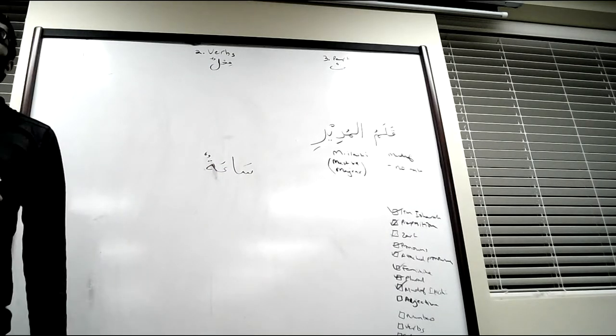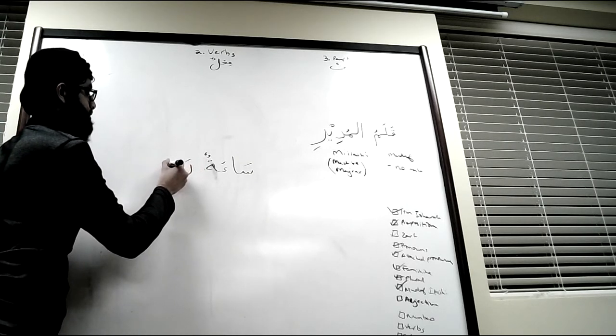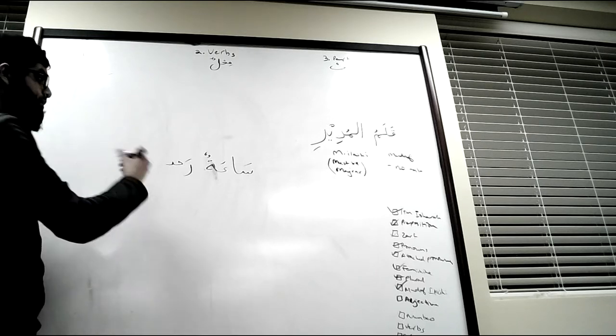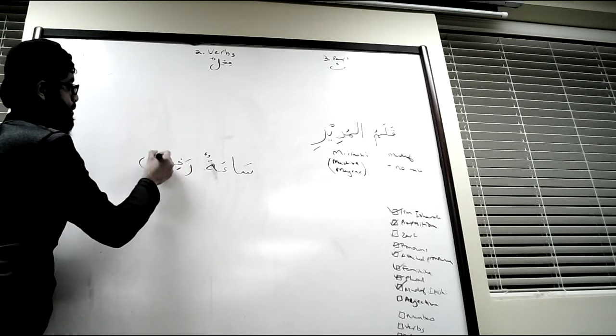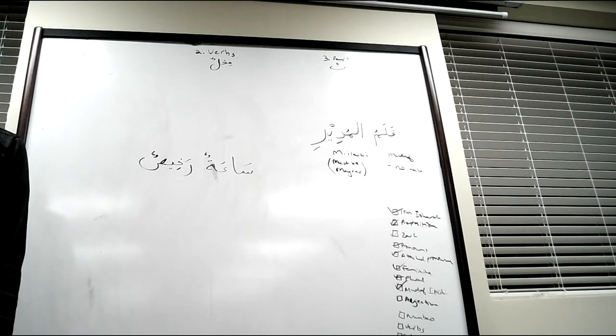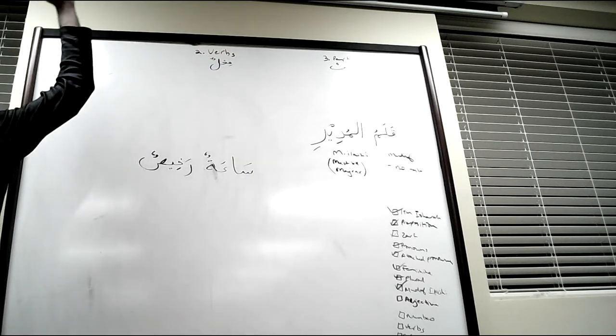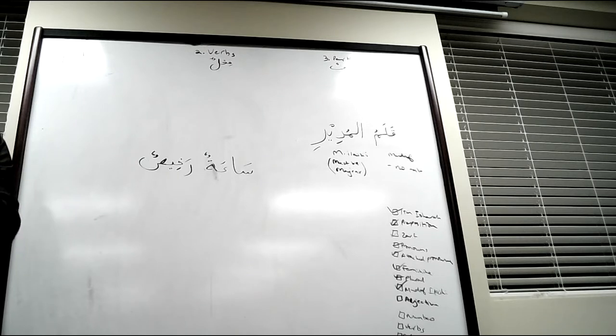How do you say cheap? رخيص. So رخيص. Is this right? Who says it's right? No, it's wrong. Why is it wrong? Because it's not matching in gender. It's not matching in gender, right?